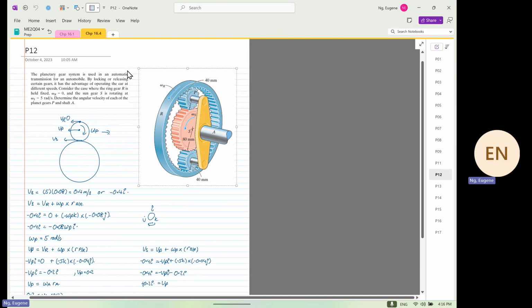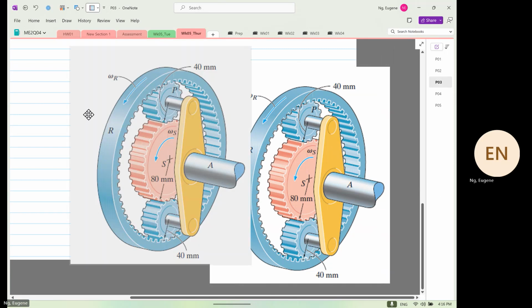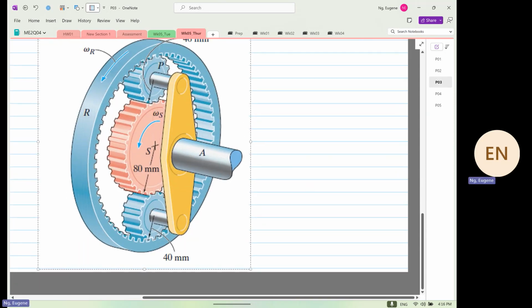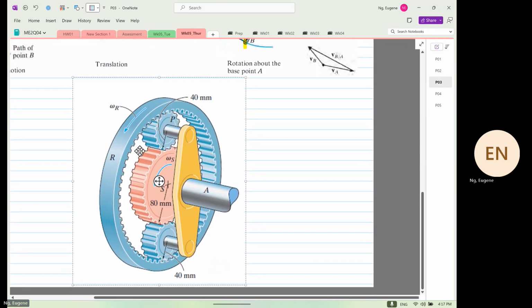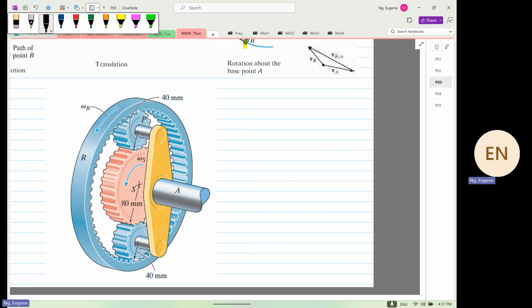I want you all to get used to the planetary gear system. So what we have here is a planetary gear. Before we talk about planetary gears, in our solar system, what do we have in the center that is the biggest?